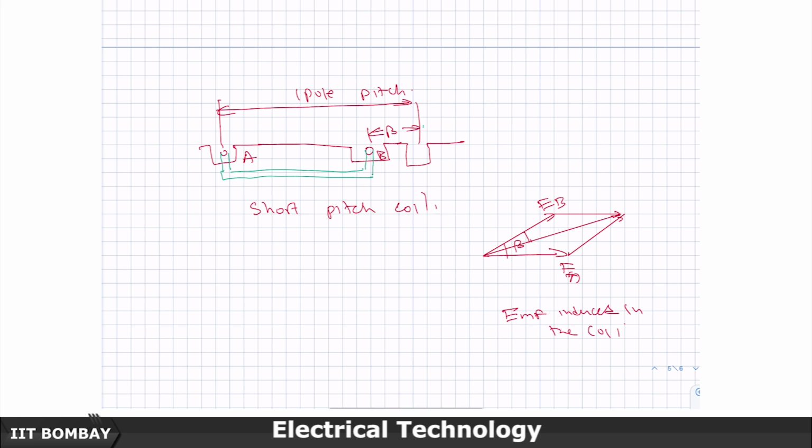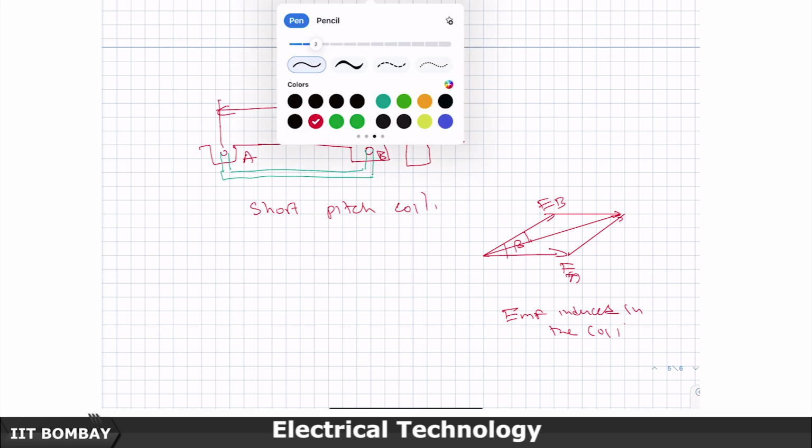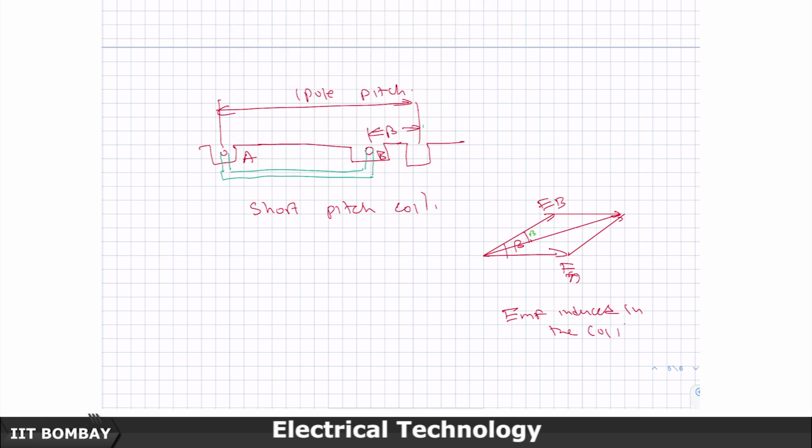So, this angle is, let us change the color, this angle is beta by 2 by symmetry, this angle is beta by 2, and so this distance is EA cos beta by 2, and this will be 2.